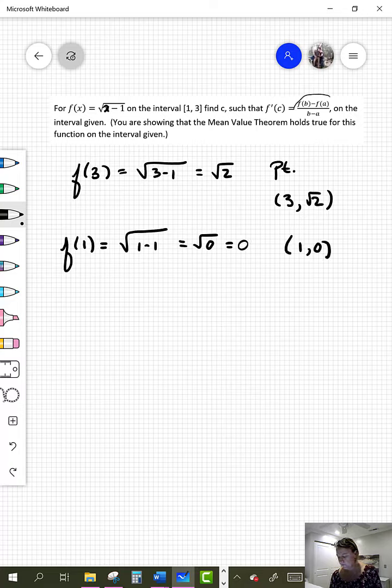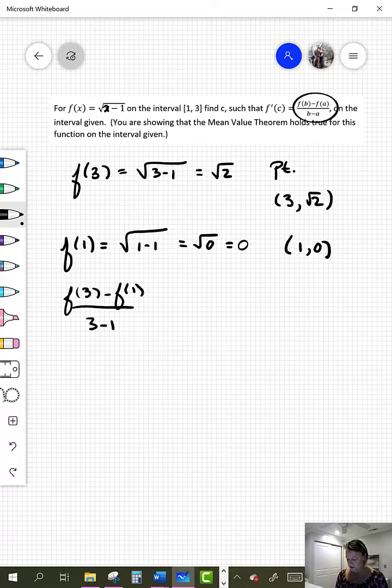So now let's look at f of b minus f of a, that's f of 3 minus f of 1 all over 3 minus 1. So in our case, we have root 2 minus 0 all over 3 minus 1, which is 2, which is root 2 over 2.